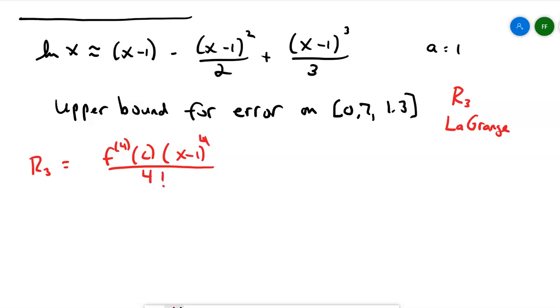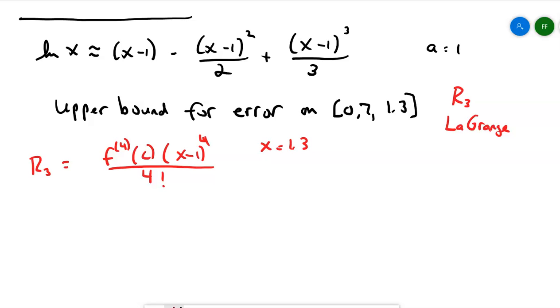And again, I'm looking for absolute values, so it actually doesn't matter whether I put the 0.7 or the 1.3. And actually, that fourth power will take care of it for me, because if I put a 0.7 in, I get a negative. Raise it to the fourth power, now I get a positive. So let's use x equals 1.3.